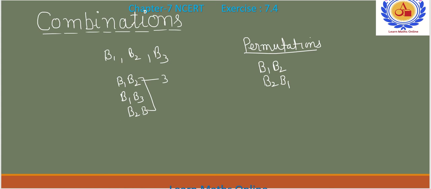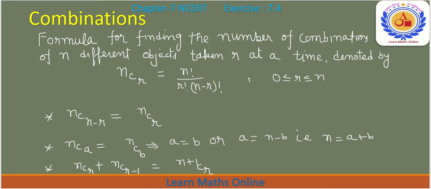Further permutations we can calculate, no problem. So we will move towards exercise 7.4. First of all, before doing questions, we will talk about the formula through which we can find the different combinations.